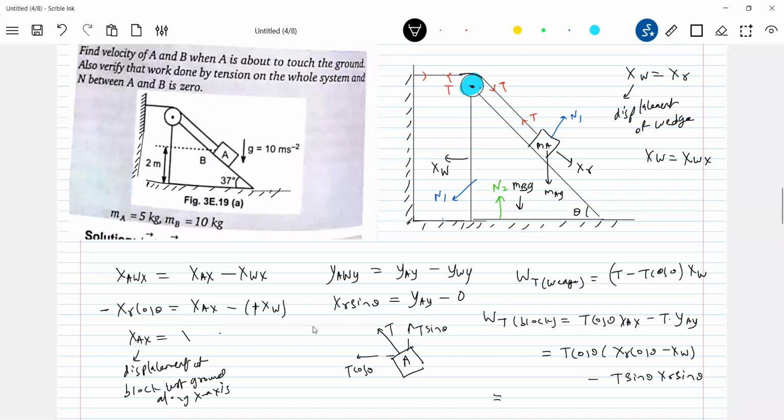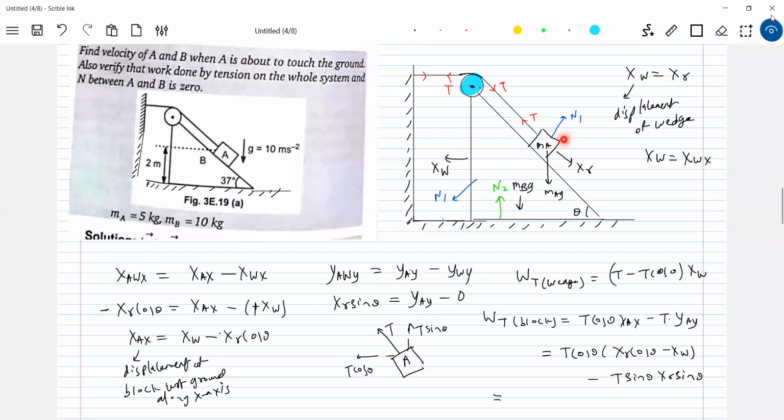XAX should be equal to XW minus XR cos theta, because I defined XW positive. If I take towards left positive, towards right should be negative here. So all of you look at this, I made some changes here. The wedge will move towards left here.